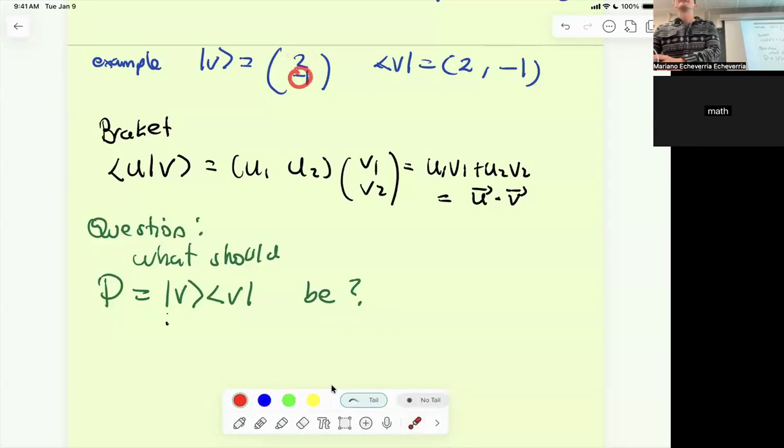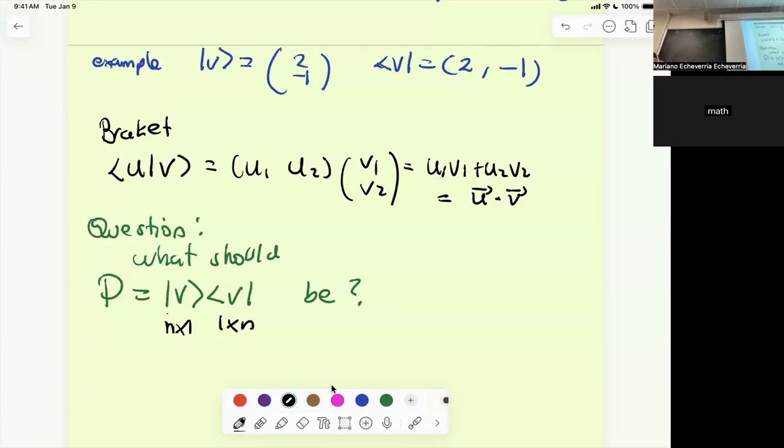I thought the column vector was the ket. Oh, right. I just confused myself. The column vector is a ket. So this is the one that's n by 1. Thank you, I'm glad you caught that.